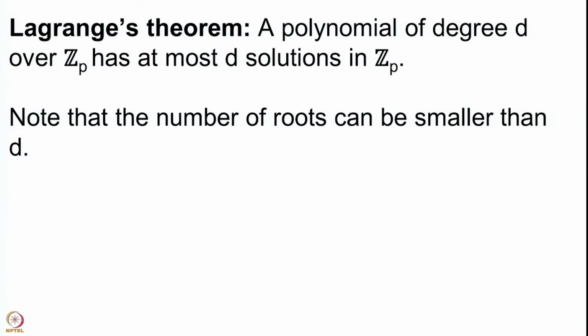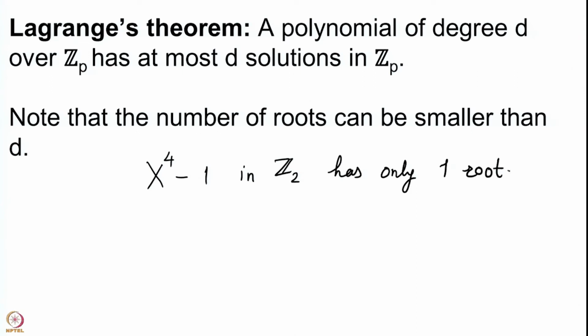Before we go to the proof, we wonder what would happen in other cases, or is there anything that we need to be careful about. Number 1, note that the number of roots can be smaller than d. There are indeed examples where this happens. For instance, if you are looking at x to the 4 congruent to 1, or to say it in other words, the polynomial x to the 4 minus 1 in, let us say, Z2, this has only one root, namely x equal to 1.